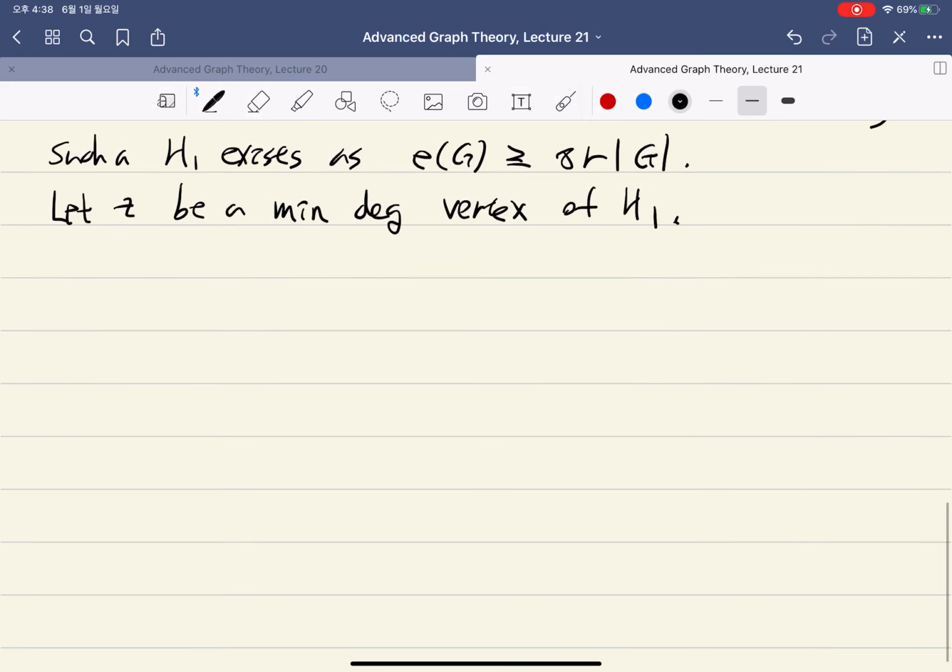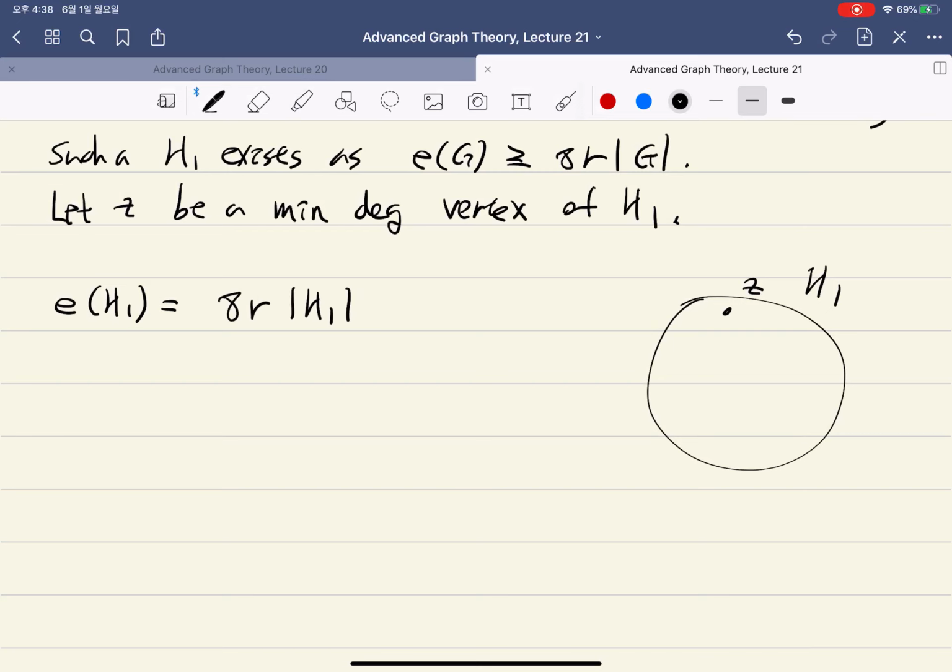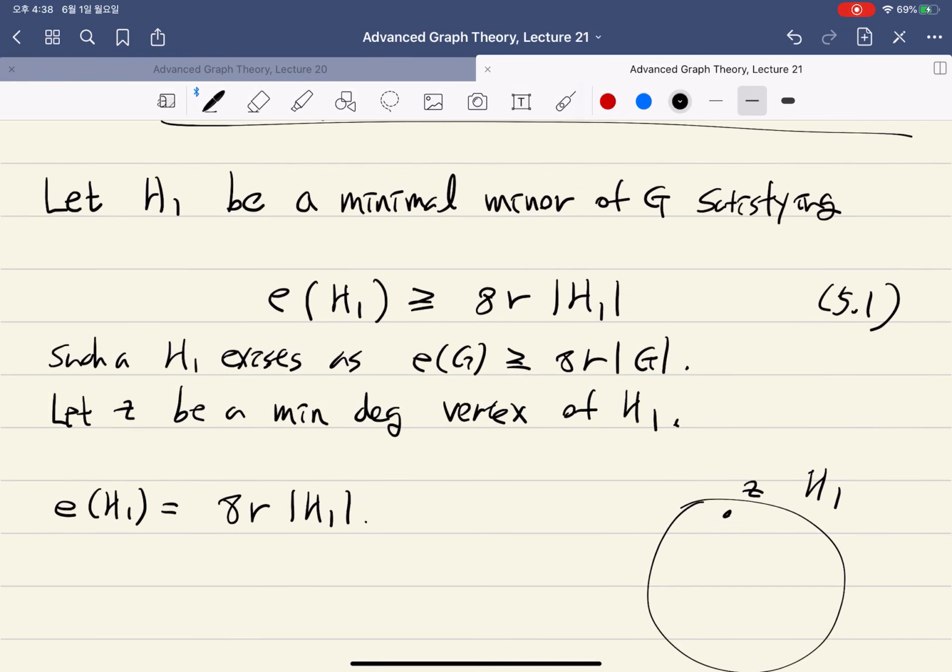There are several things we know. We have H1 and then G. Then we know that the number of edges in H1 is exactly 8R times |H1| because we choose the minimal one satisfying this, meaning that if it has more edges than that, then we can even delete some edges.